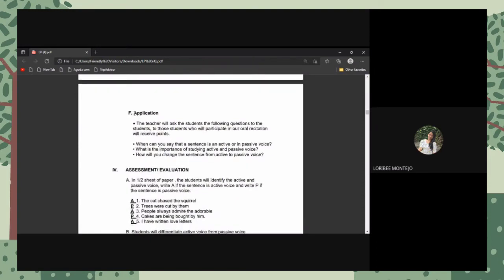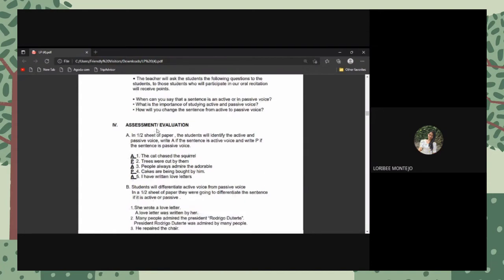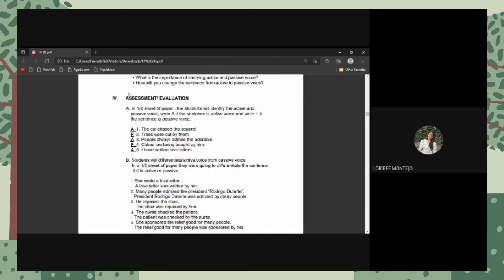In our application, the teacher will ask the students the following questions, wherein those students who participate in our oral recitation will receive points. I have here some examples and some questions to ask the students. And now we will go down to our assessment and evaluation.